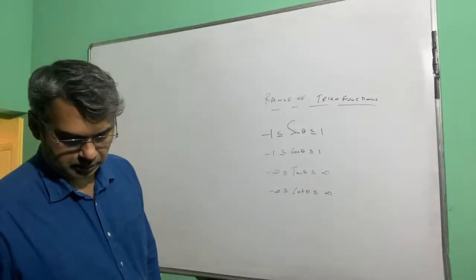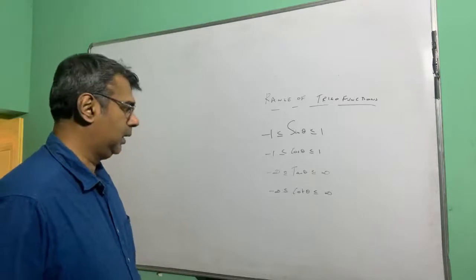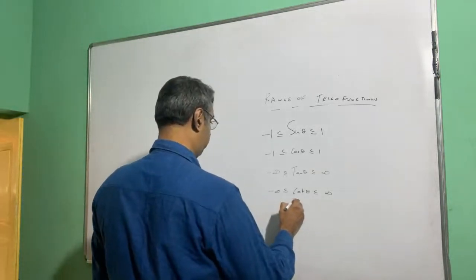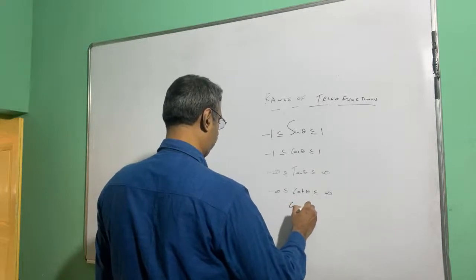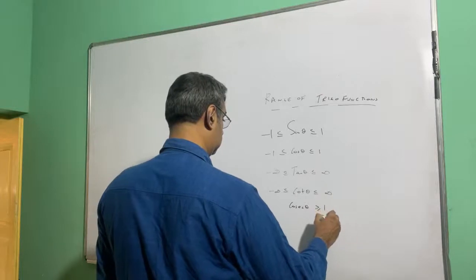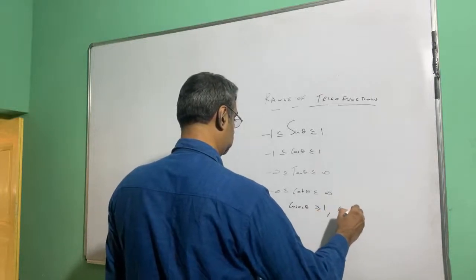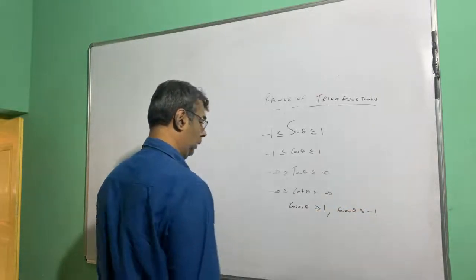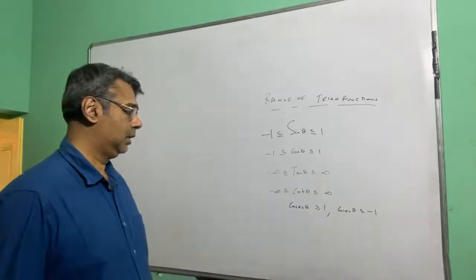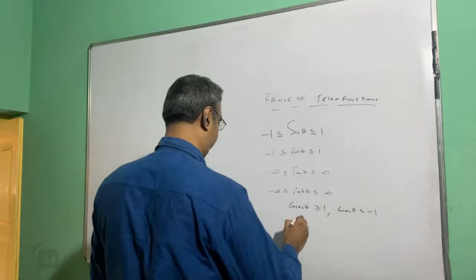Cot theta is also the same. Cot theta can be anything from -infinity to +infinity. Then cosec theta is greater than or equal to 1, and cosec theta is less than or equal to -1.